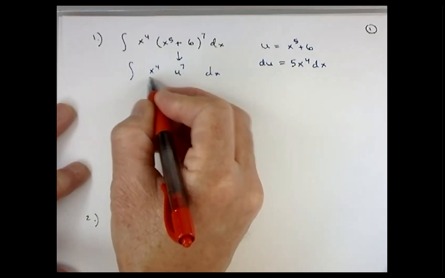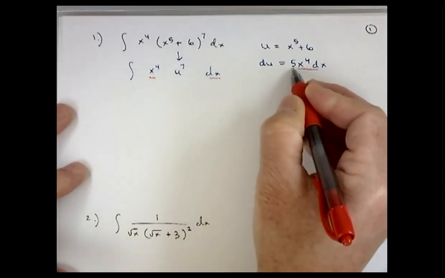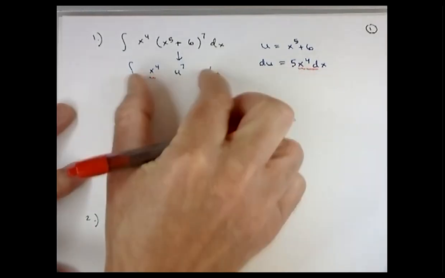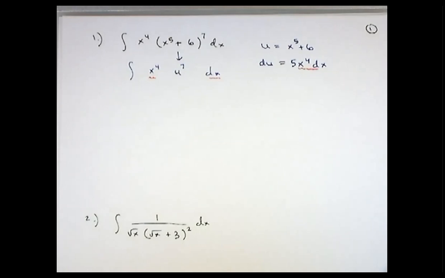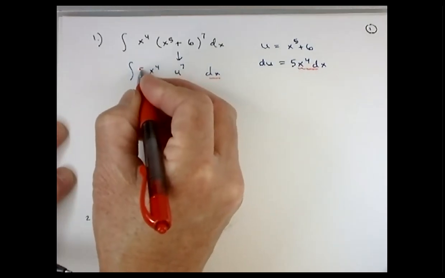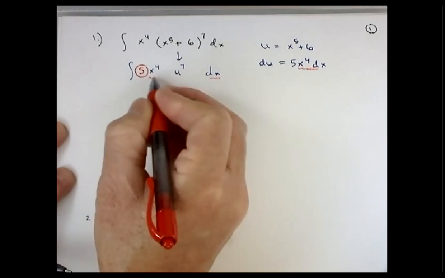I have an x to the 4th and a dx, and I have one there. If there happened to be a 5 there, then I could just trade that all in and replace it with du. So my wishing technique is I need to see a 5 there, so I wish for a 5. I like to circle it because that wasn't there before.